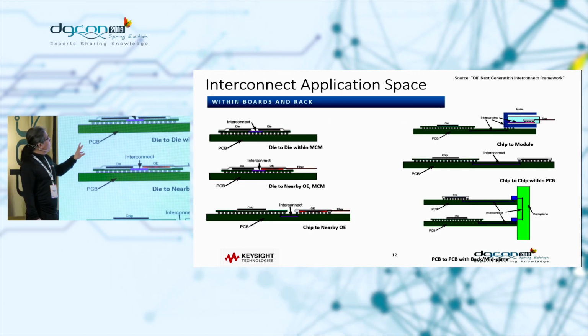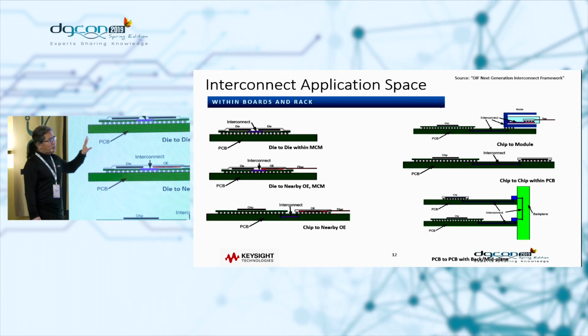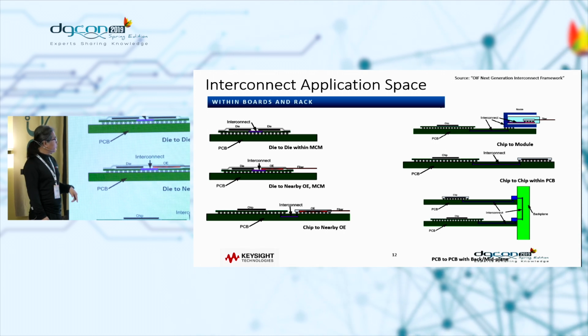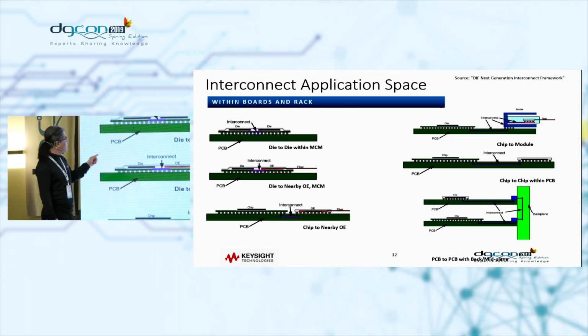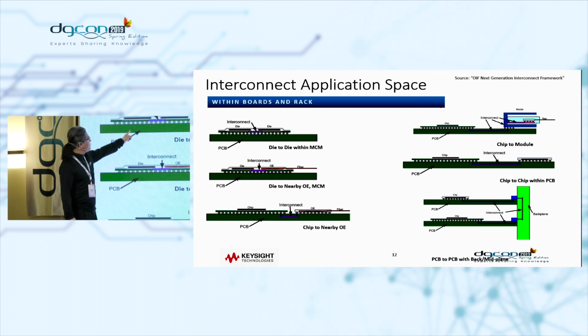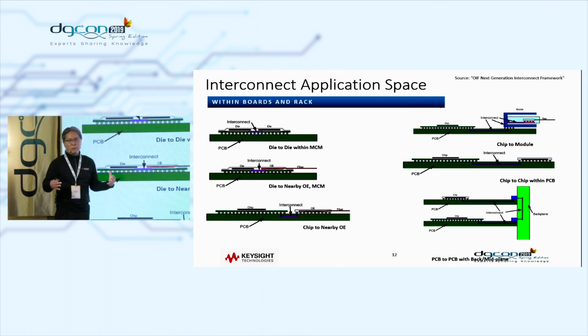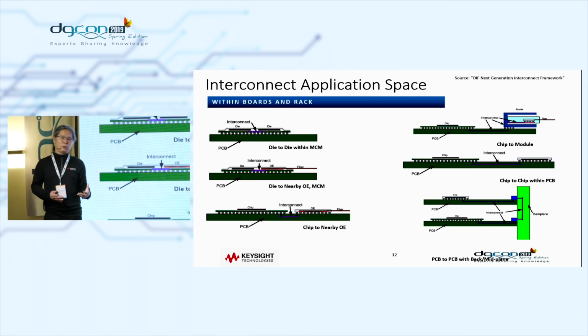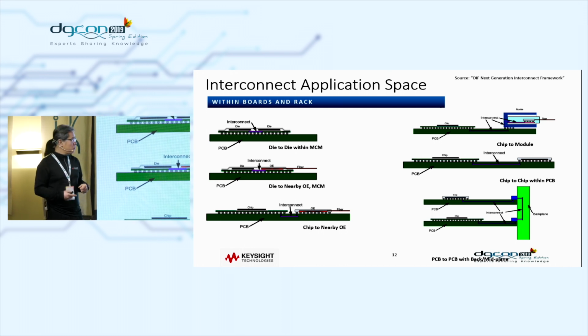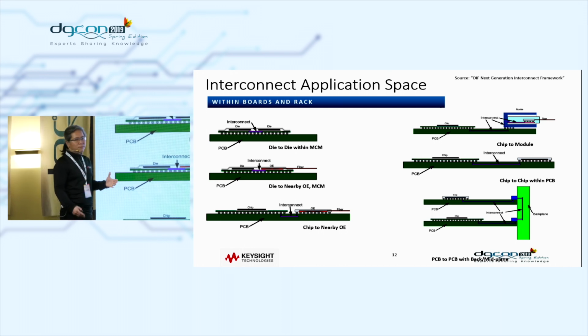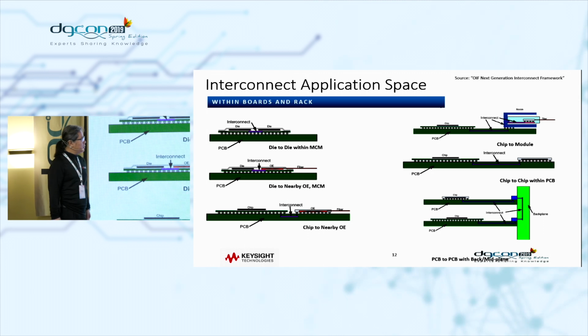Looking into more of the interconnect application space, there are a lot of different ways. For example, you can make the interconnects die to die. But these die-to-die connections are within one MCM, multi-chip module. Then the interconnect between the two might be a little bit different compared to other PCB structures.